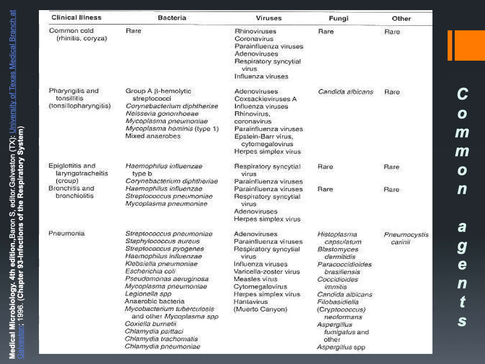Okay, and the final type is aspiration pneumonia. This type of pneumonia you can see in patients who have periodontal disease and have been under treatment or medication for that. In this kind of patient, you can find aspiration pneumonia. There is no particular agent responsible for this type of pneumonia.